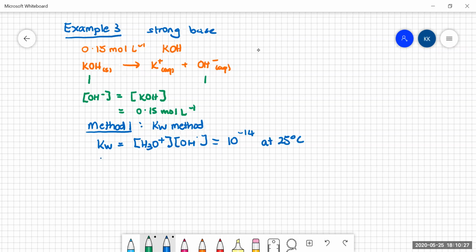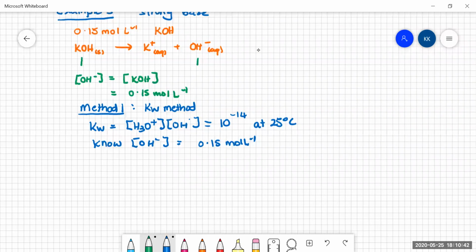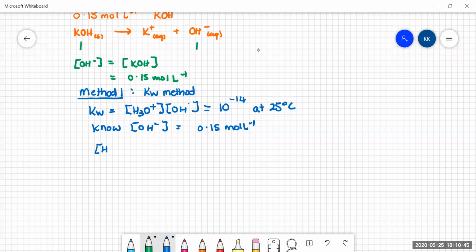Now, if we know the concentration of OH minus is equal to 0.15, then we just substitute that in and we can find the concentration of H3O plus. So concentration of H3O plus times concentration of OH minus is equal to 10 to the minus 14. What that means is that the concentration of H3O plus is equal to 10 to the minus 14 divided by the concentration of OH minus.